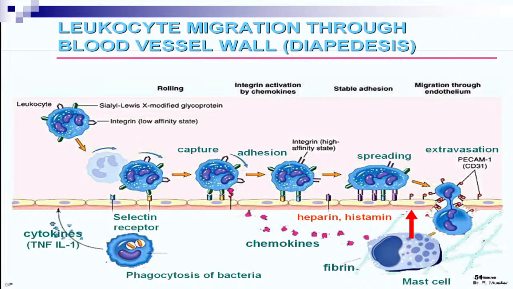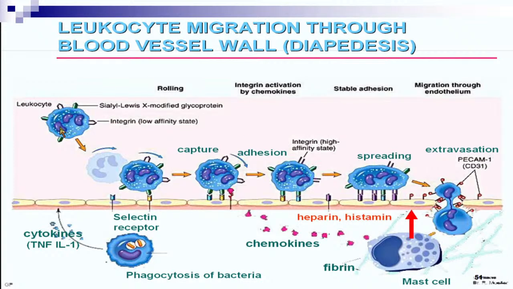So the mast cells release histamine, heparin, and the neutrophil taxis factor, and they chemically invite the neutrophils to this area.